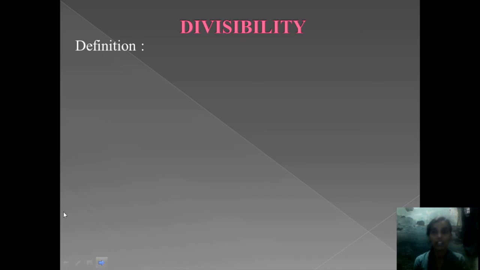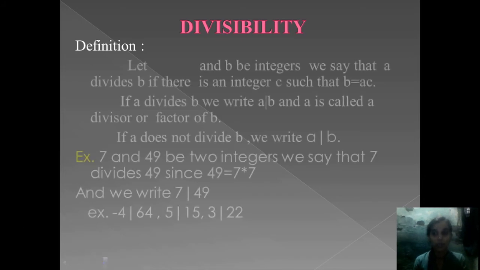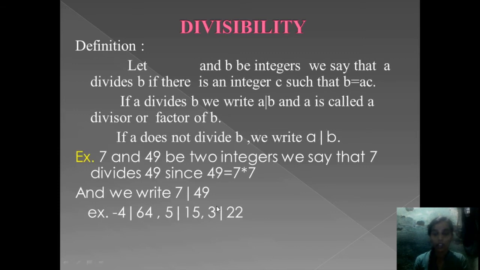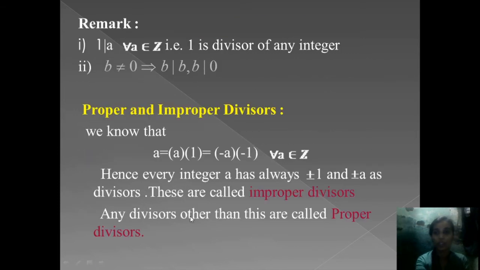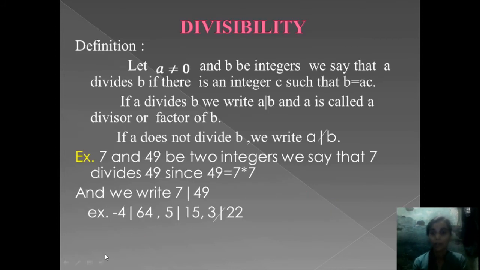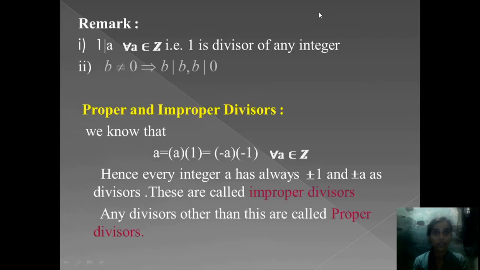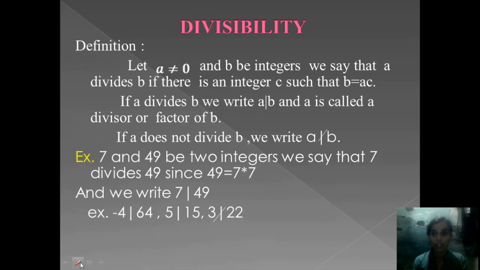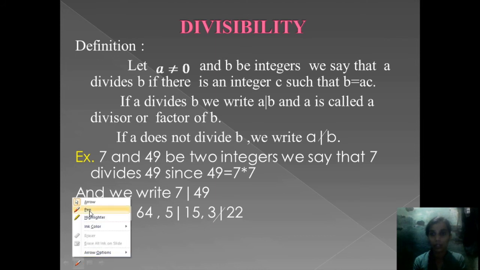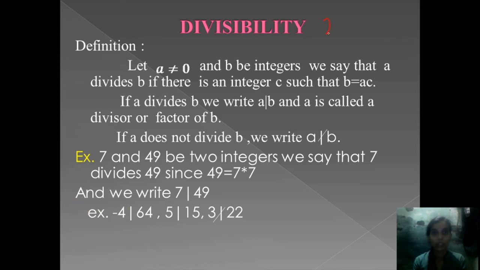For example, the division of two numbers, 5 upon 2, equals 2.5. Okay, so 2.5 does not belong to the set of integers.